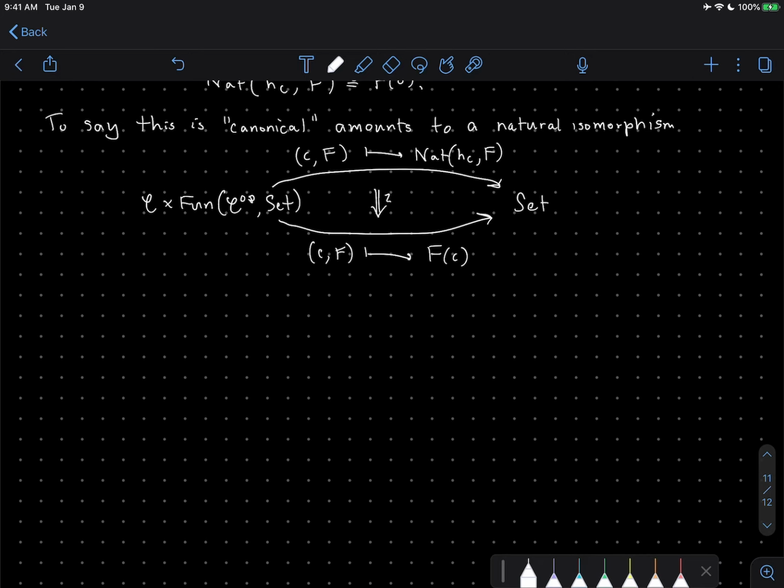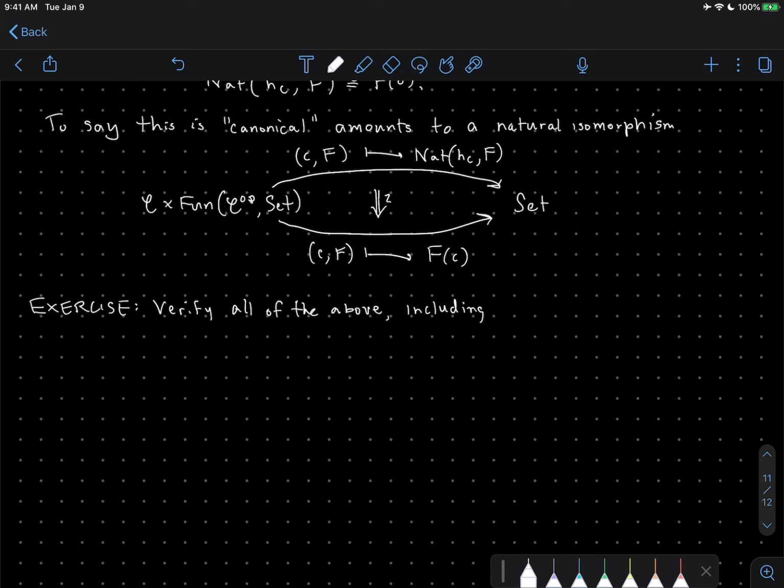I will leave it up to you as an exercise to verify all of the above, including naturality.